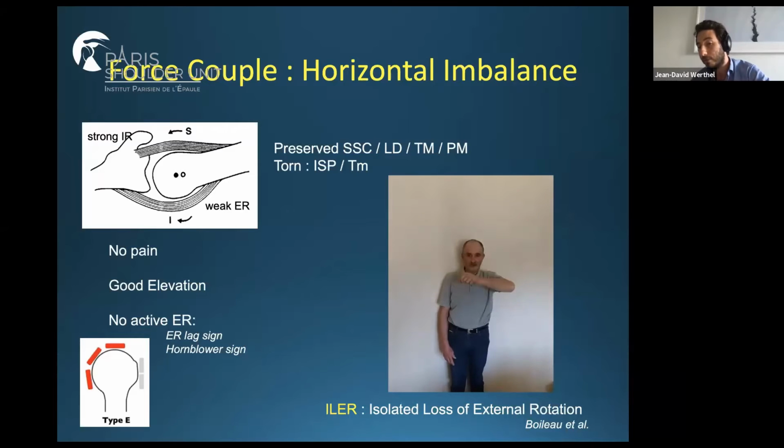And he's trying to put the hand to the mouth, and he has what we call a hornblower sign because he has no more active external rotation. Why? Because he has no more posterior cuff, but the internal rotators are still intact: the subscapularis, the latissimus dorsi, the teres major, and the pectoralis major. They all work, and they are not counterbalanced by any more muscle.